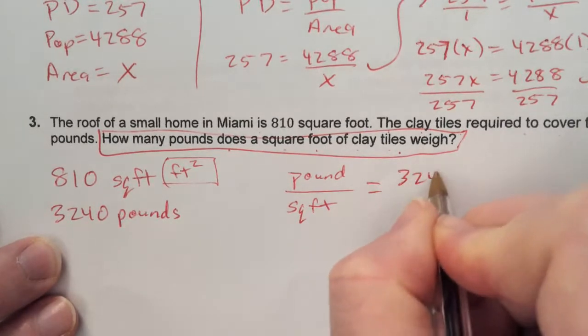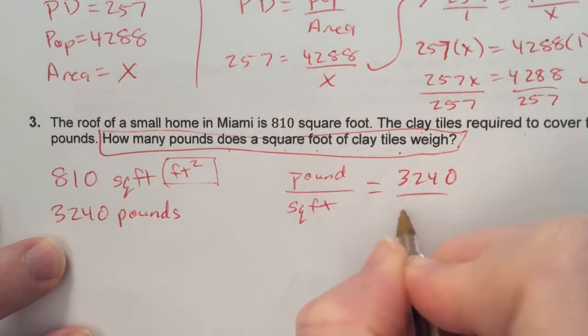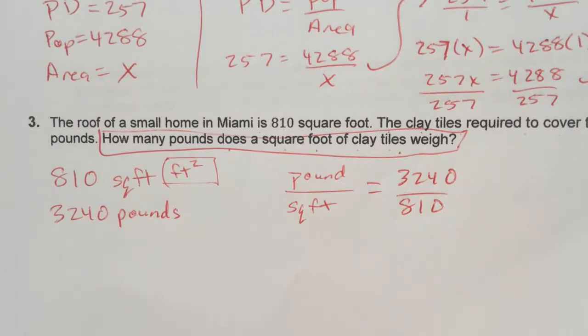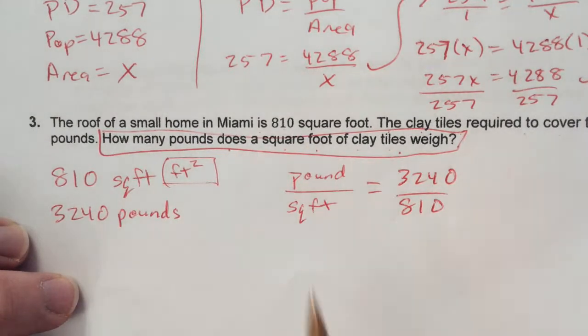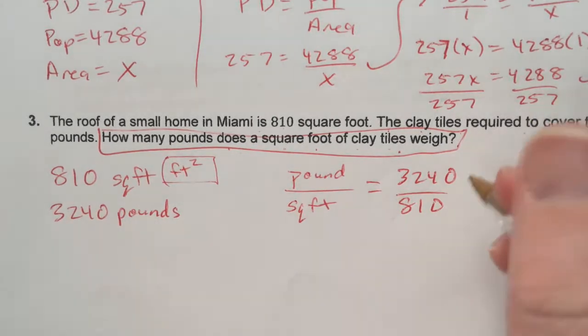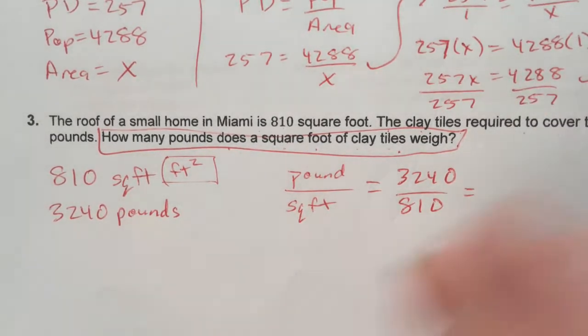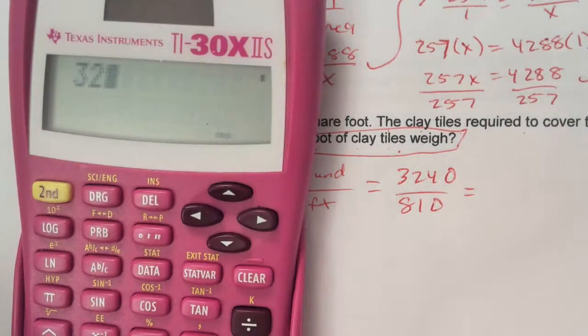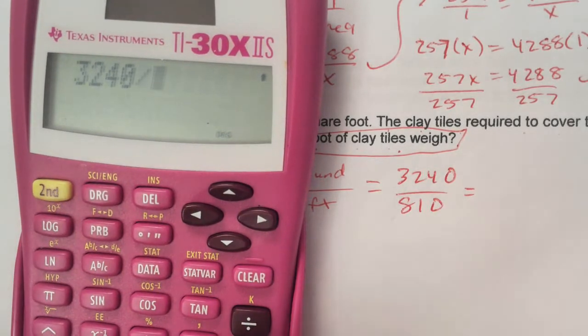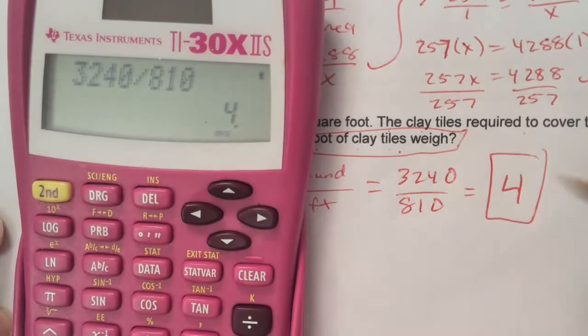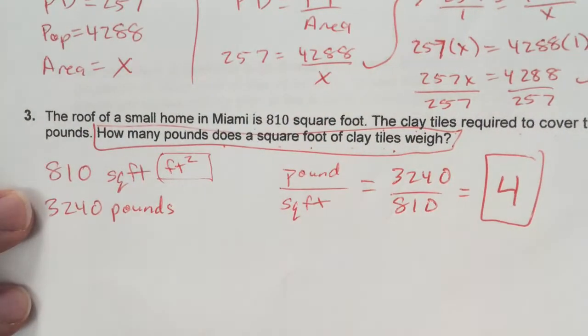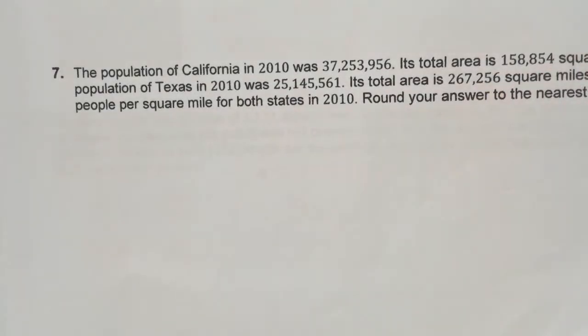So 3240 over square feet, which is 810. So how many pounds for every square foot? That's basically what they're asking. So we put that in the calculator, 3240 divided by 810, and we get that beautiful number, 4. And that is your answer. Phenomenal.